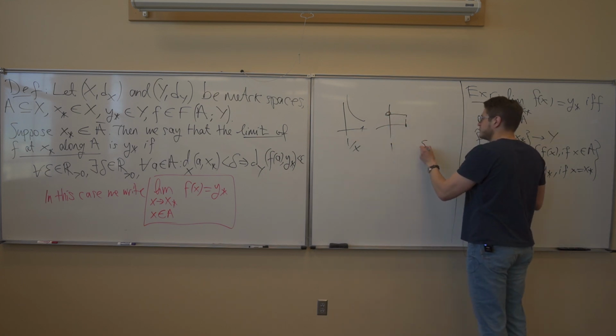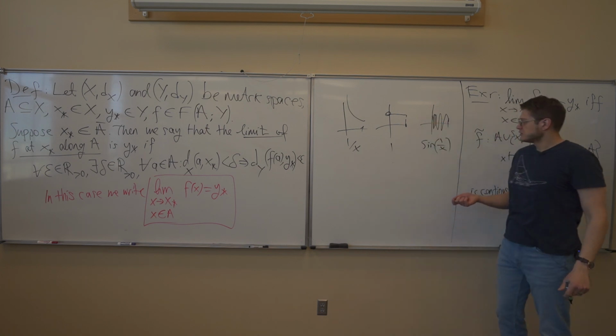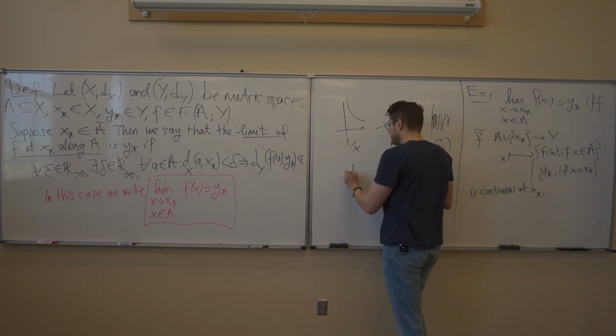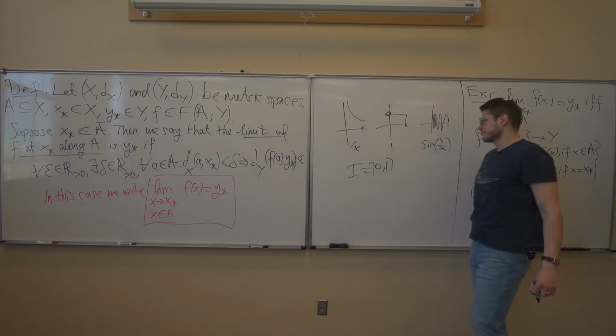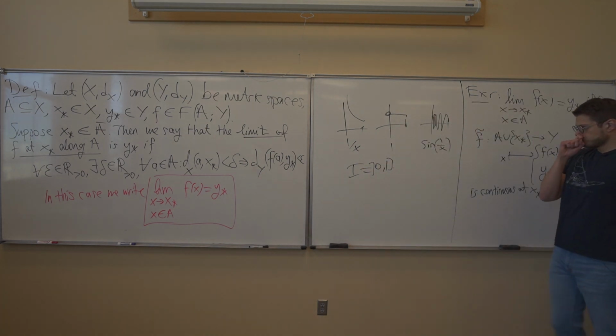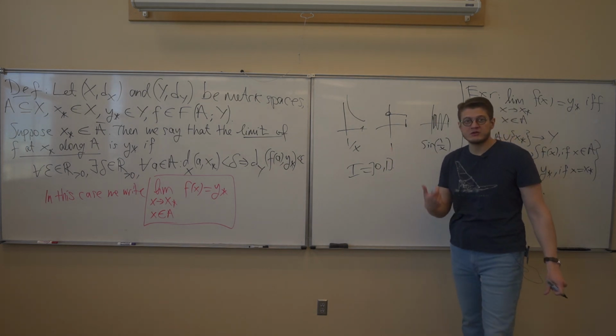And then we had sine of 1 over x, which looks like this. So I'm thinking of these to be defined on the half open, half closed interval. I can take the constant function to be on this as well, and so on.